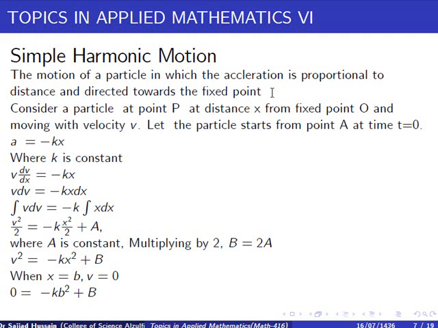Such type of motion is called simple harmonic motion. Consider a particle at point P at distance x from fixed point O and moving with velocity v. Let the particle start from A at time t is equal to 0.